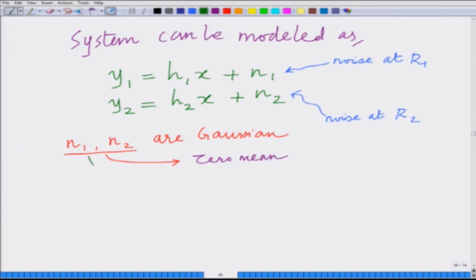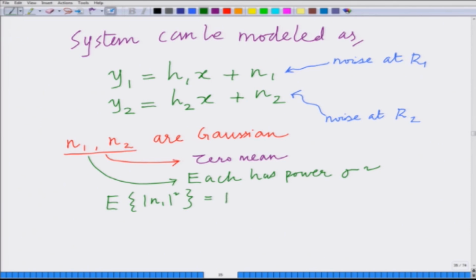Further, each has power or variance sigma square. That is, the expected value of magnitude N1 square equals the expected value of magnitude N2 square equals sigma square. Each of these noise components has power sigma square.